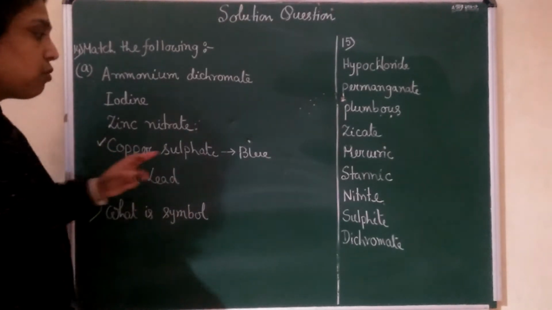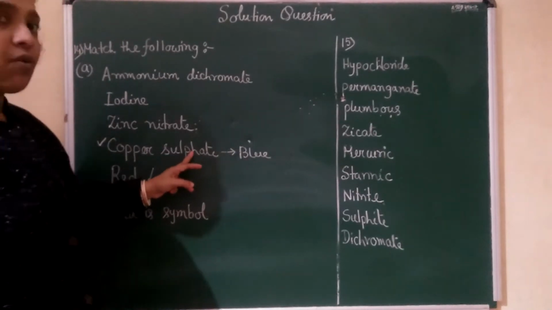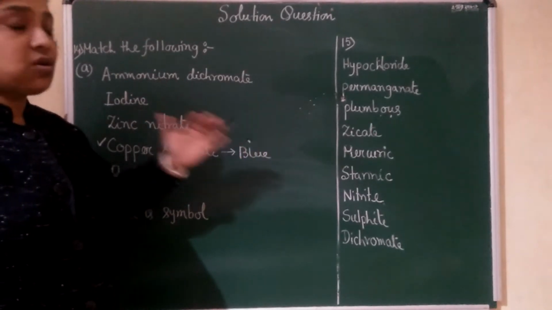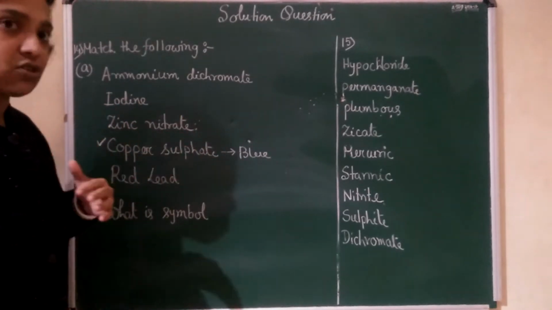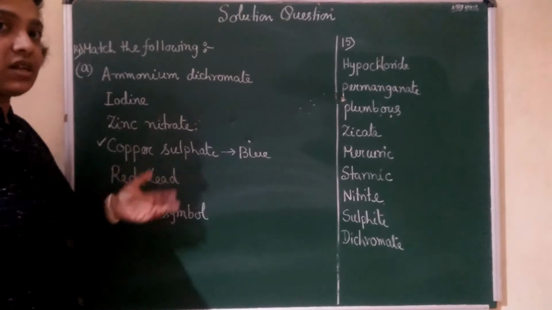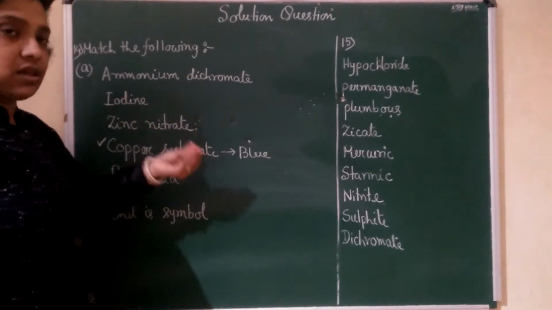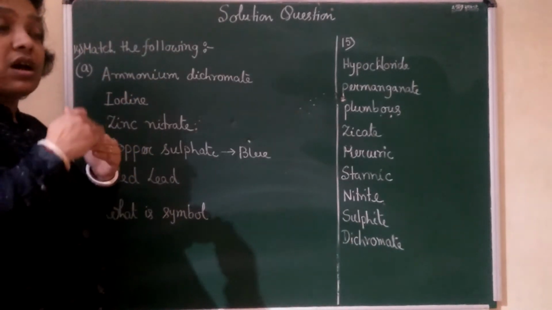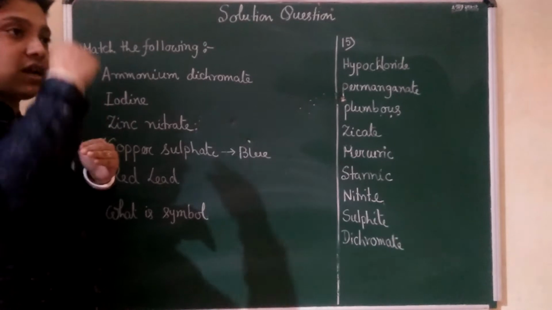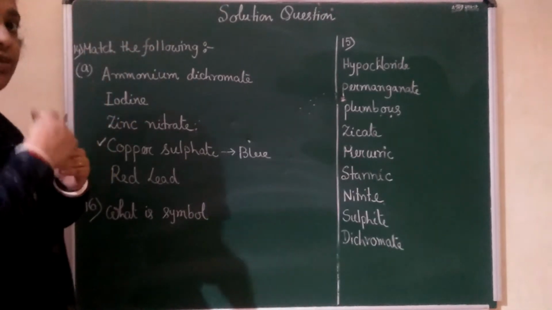Blue compound. When this copper sulfate is heated, what will happen? The color changes to white. When you heat the salt, it gets heat energy, and due to this the electron transits from a lower energy level to a higher energy level, and the oxidation state changes. Copper has the +2 state and also the +1 state.